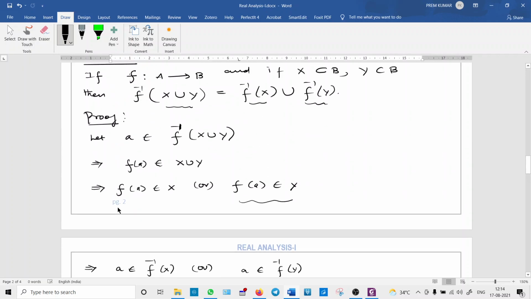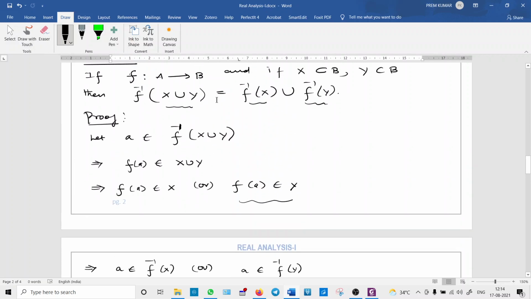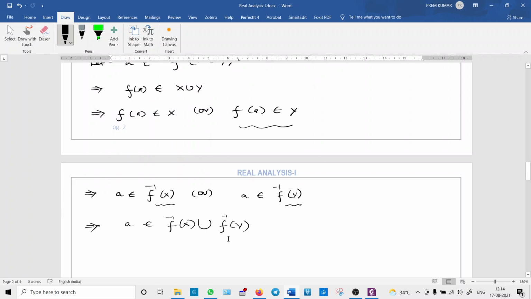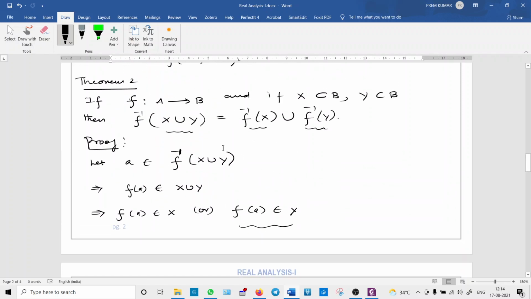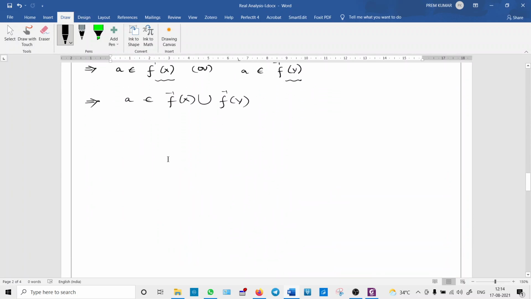So what have we proved? We have taken one element from the left hand side set, and we finally proved that it belongs to what? The right hand side. So an arbitrary element belonging to this set also belongs to this set. So what can you conclude? Every element of this set also belongs to this set. So what is the meaning?